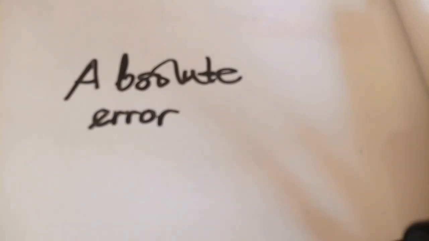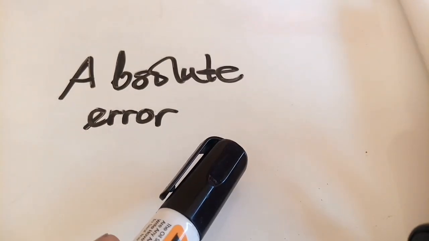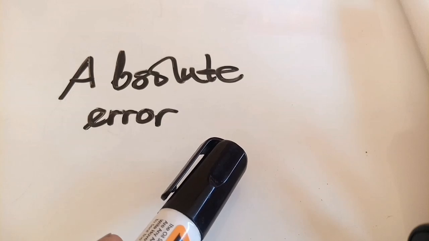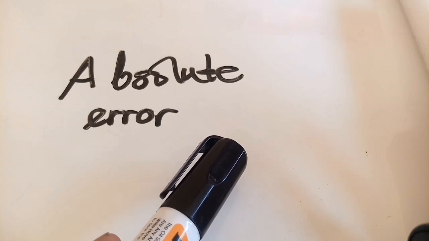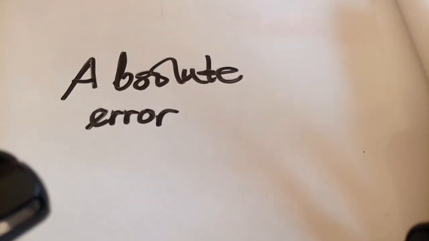For absolute error, we have two ways of finding it. The first way is when we have two measurements given to us, we subtract one from the other, and that gives us our absolute error.